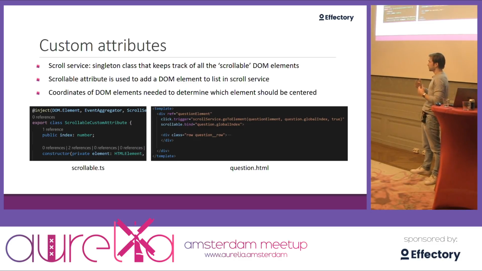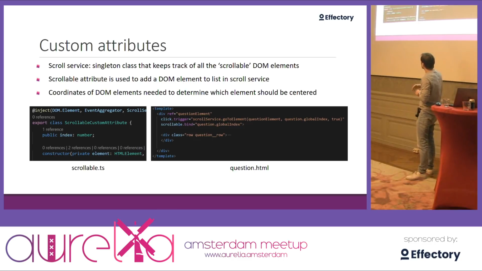And we needed something to keep track of all these elements and their coordinates and their height, so that the app knows which element should be in the center. And if you start scrolling yourself, or if you click a button to go to the next question, it has to know how far it has to take you to the next question. So we created a scroll surface that has a list of all these elements that can be scrollable.